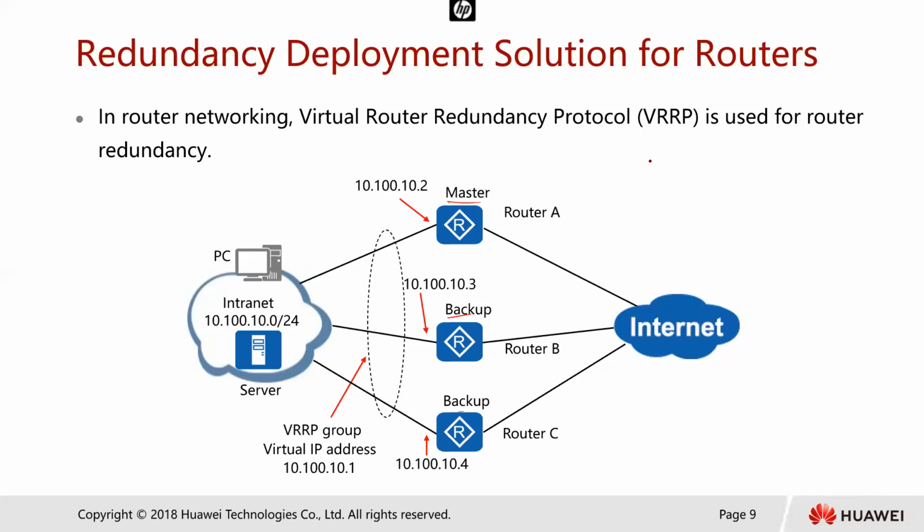In case the master is off, then depending on your configurations or the priority levels, the backup router will be in position to take over, and they will assume the duties and role of a master. And even in case the master comes back up, you can configure whether the backup keeps on being the master or the master assumes back the role of master, and the other routers go back into backup state.